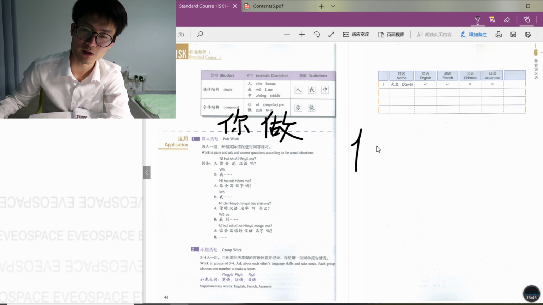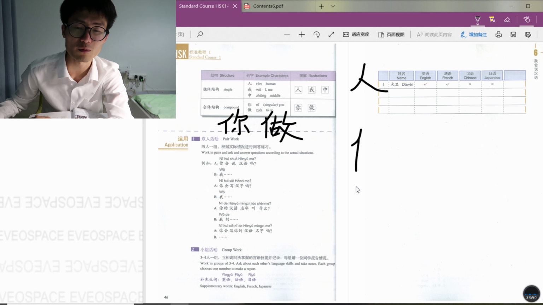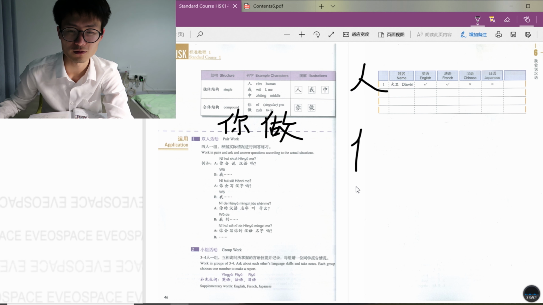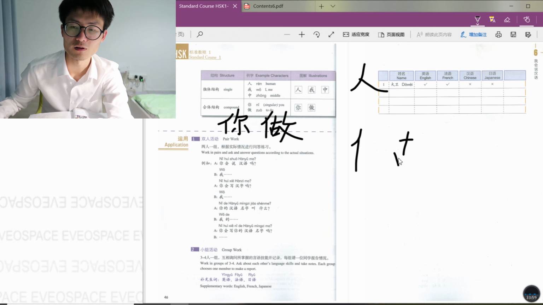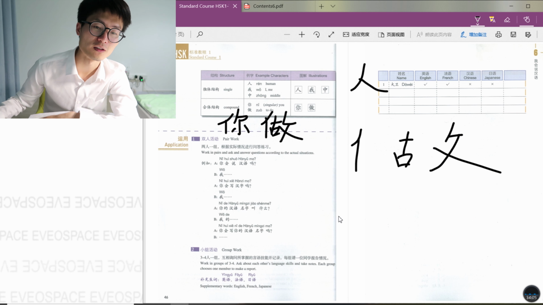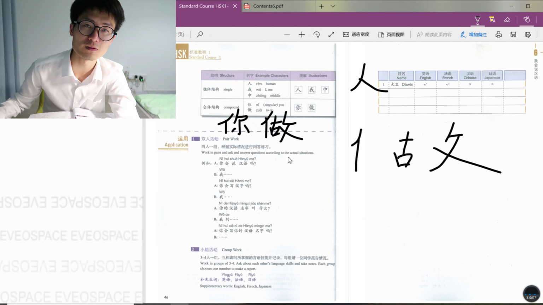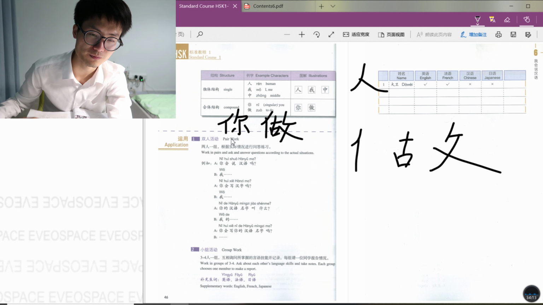Actually, this one means a person, but if it's used in another word, it's written like this. Okay, and you have this one and this one. Cool. So it consists of 3 parts. Okay, this one is 2 parts.